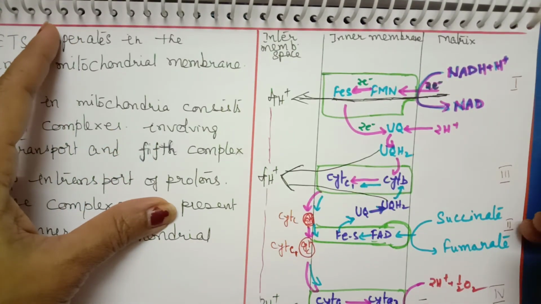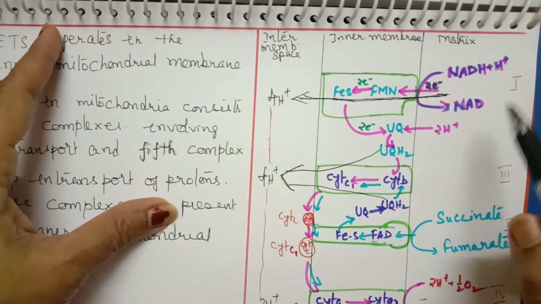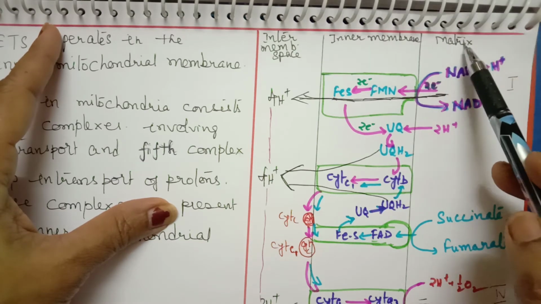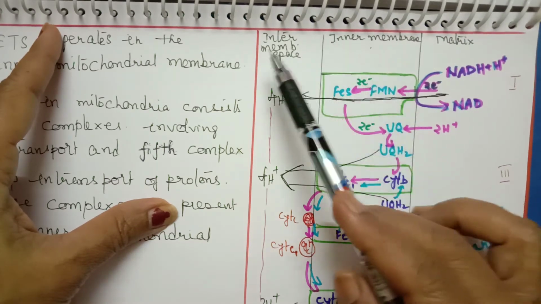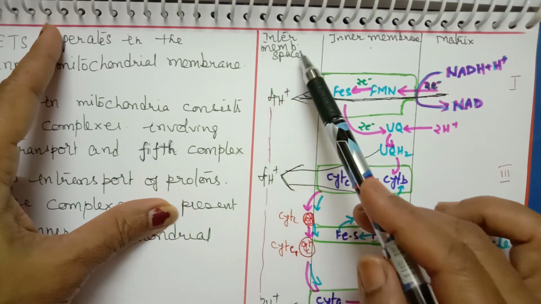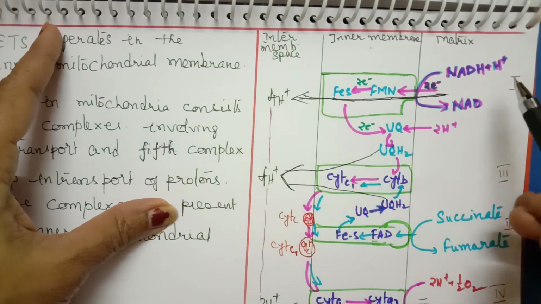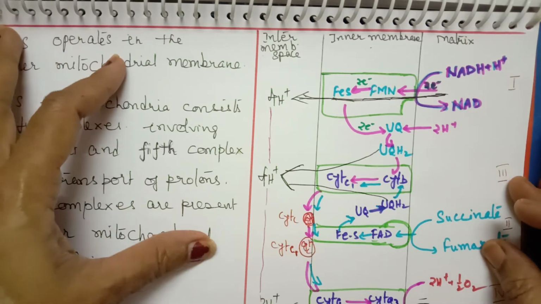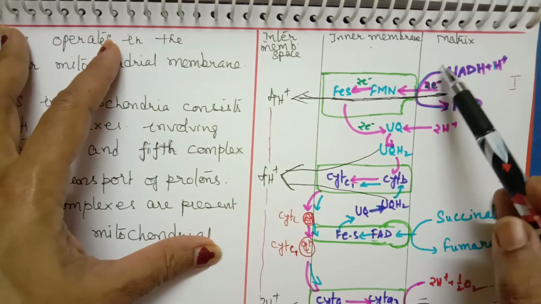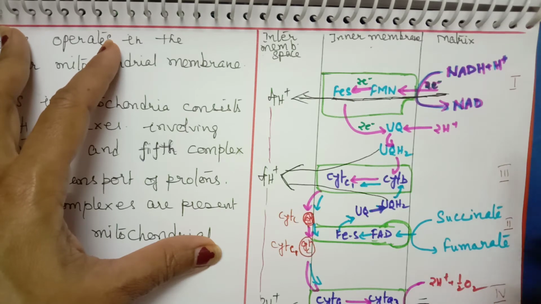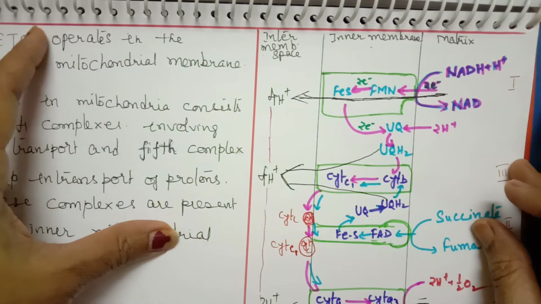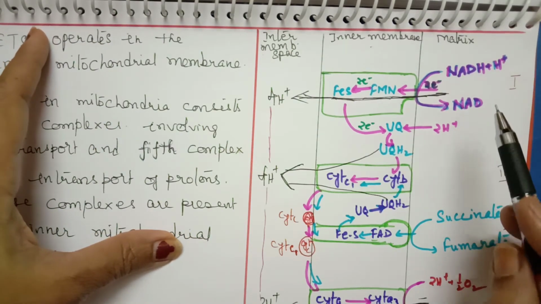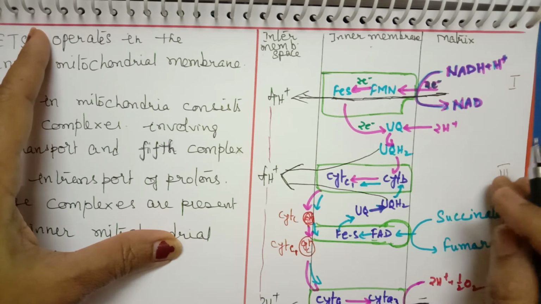First we will try to understand the NADH2 formed in matrix. This is the matrix, this is the inner membrane, and this is intermembrane space between the 2 membranes. NADH2 is formed in the matrix. This NADH2 formed in matrix must undergo oxidation. That means it must lose electrons and protons.